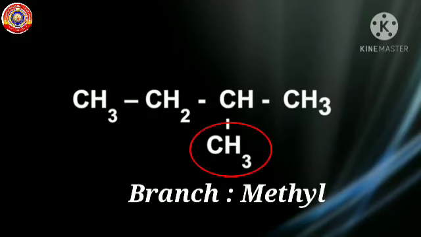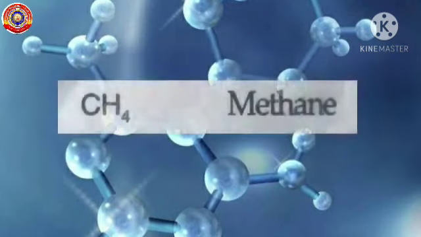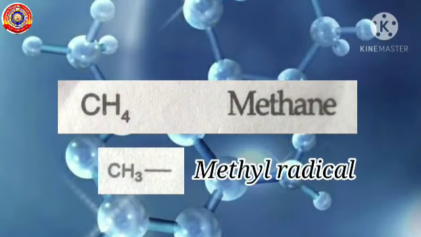Let me explain what radicals are. You learned that in alkanes, all valencies of carbon atoms are satisfied by hydrogen. When a hydrogen atom is removed from an alkane, it changes to a reactive group of atoms called a radical. For example, when a hydrogen atom is removed from methane, it forms a methyl radical, CH3.